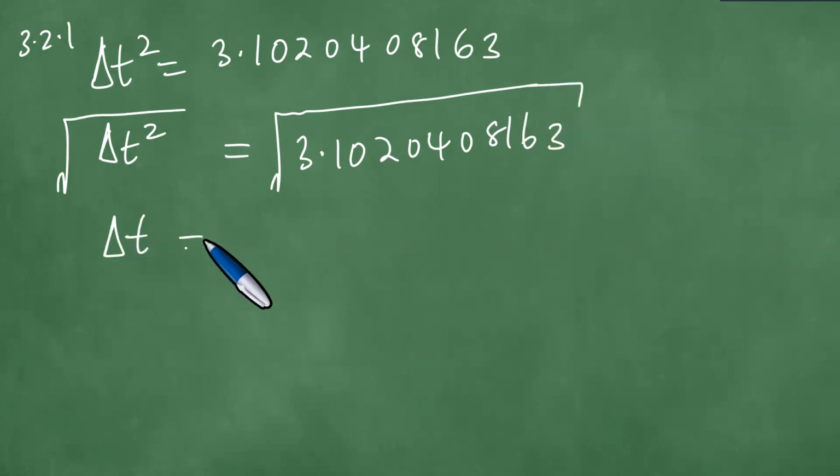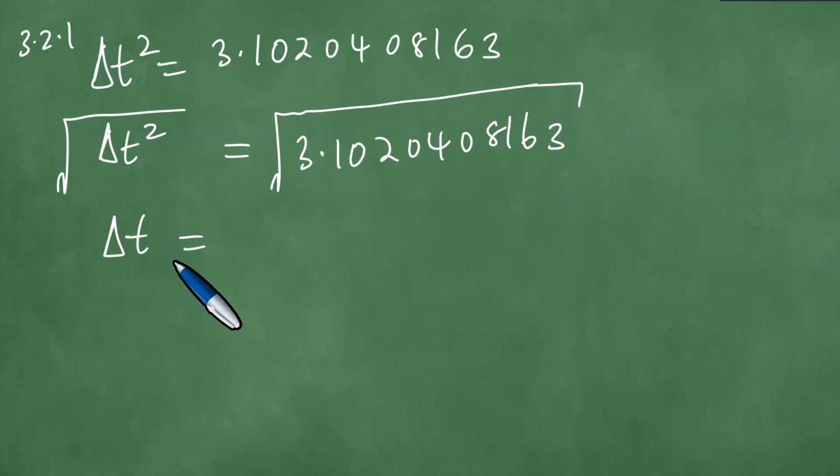What is delta t? Let's see what we get here. Right, so we're continuing to solve. We want to get the square root here. Let's just get the square root quickly.